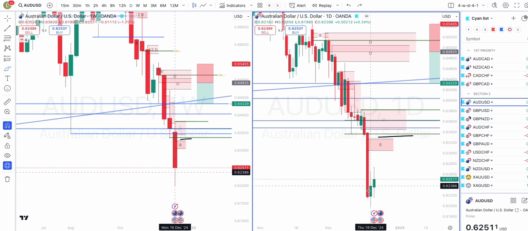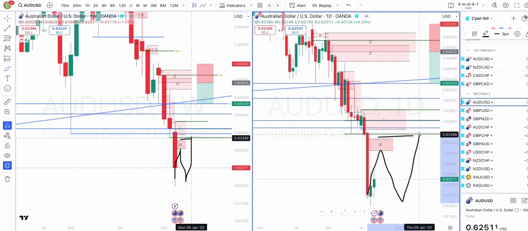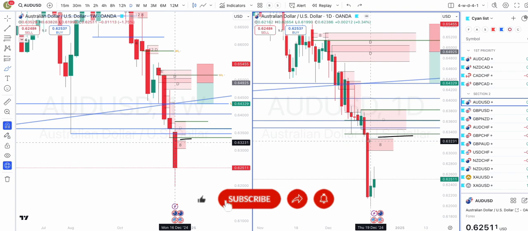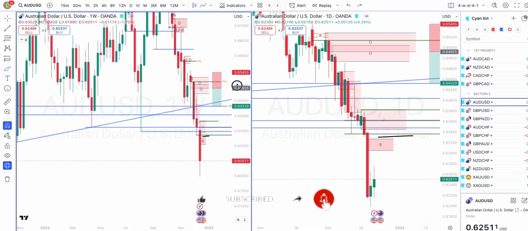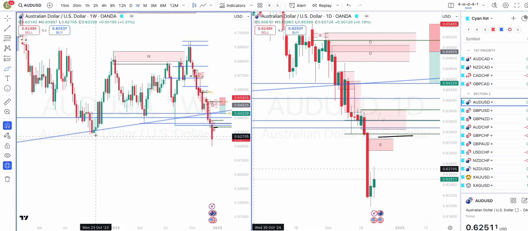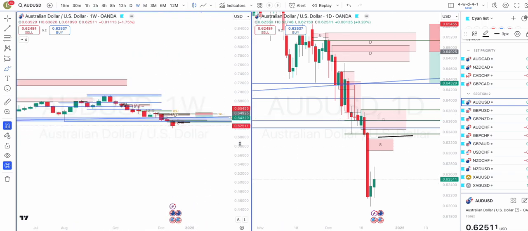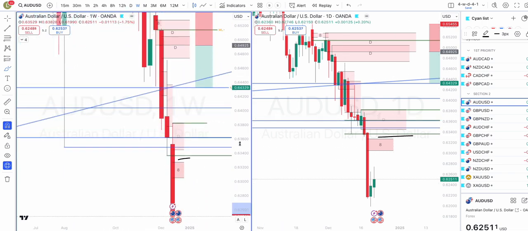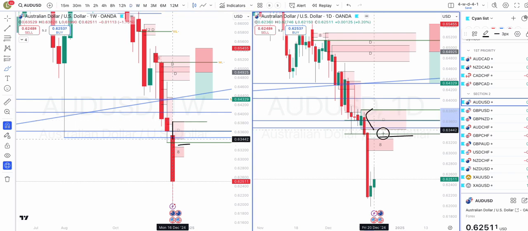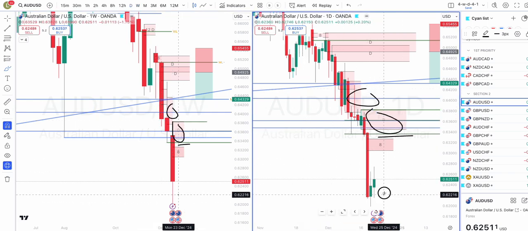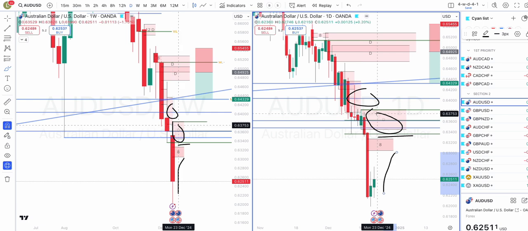But even if that happens, I see something like this. My point being, because we are so near the demand or support, I would rather be safe. And with safety, the zones that I look at are this one and here, right? So depending on how we move up, I will choose one of those.